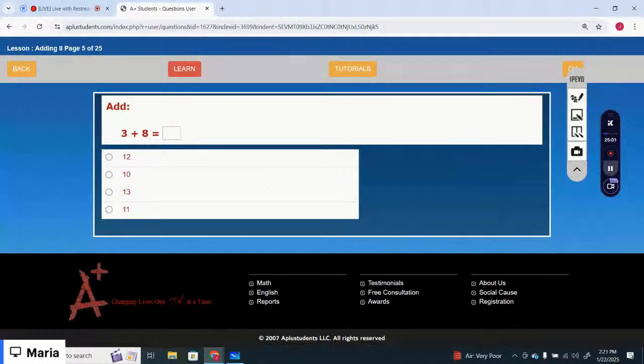That is 8 plus 3 makes 11. The correct option is 11.